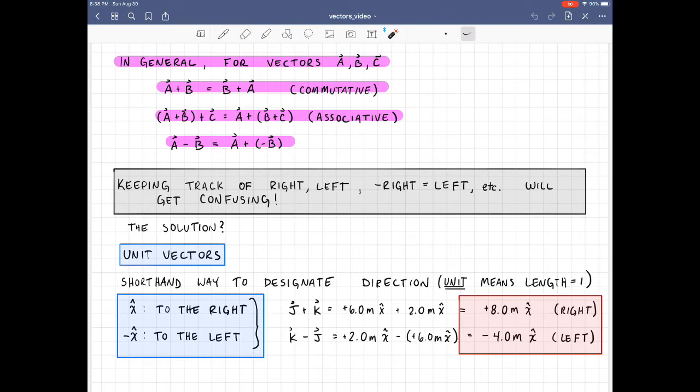It's redundant, because if your vector's pointing to the right, that's plus, and to the left, that's minus, the implication in a one-dimensional problem being that they're all pointing somewhere along the x-axis. So you'll see in the book that for 1D problems, unit vectors will get dropped because it's just assumed that all the vectors are along the x-axis.